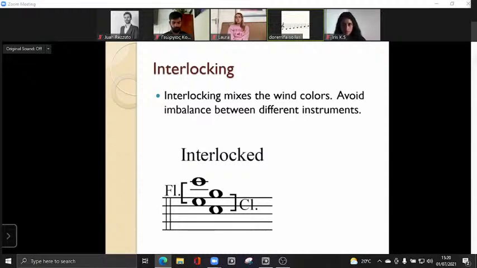So when we interlock, see that we have at the bottom the second clarinet, then above it the second flute, then the first clarinet, and then the first flute.